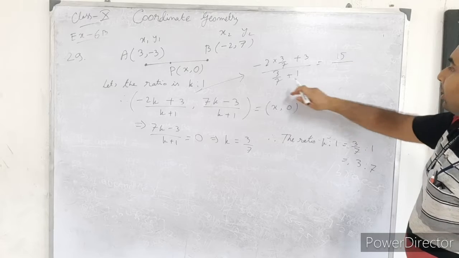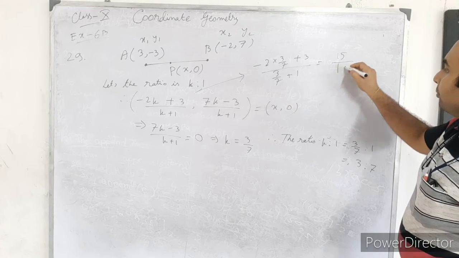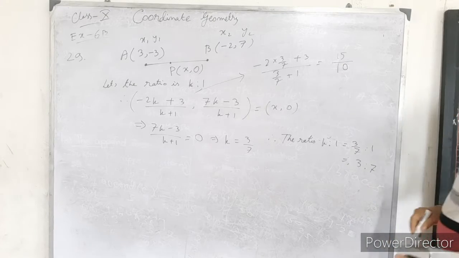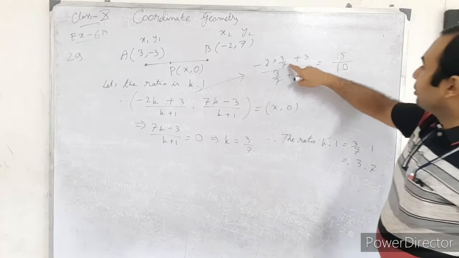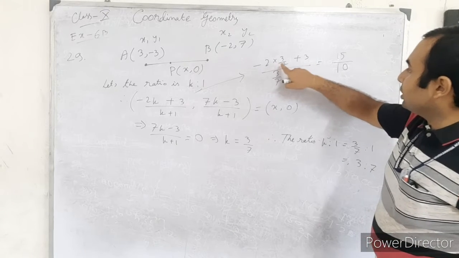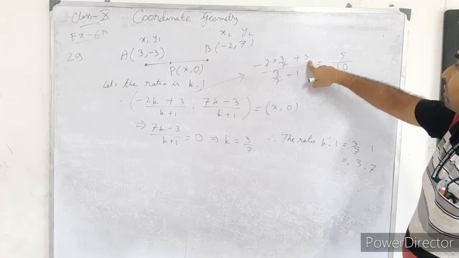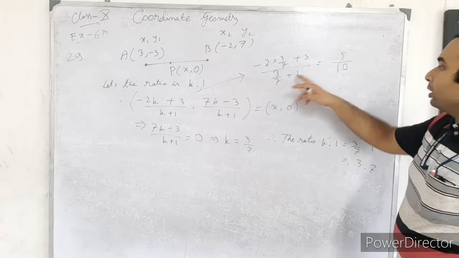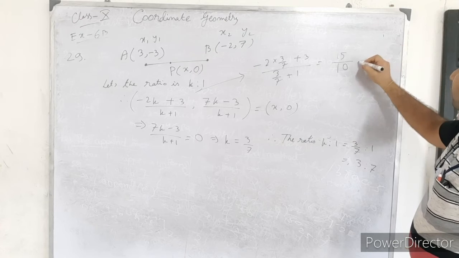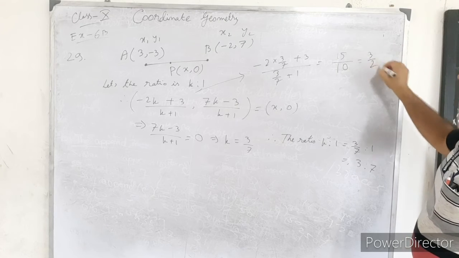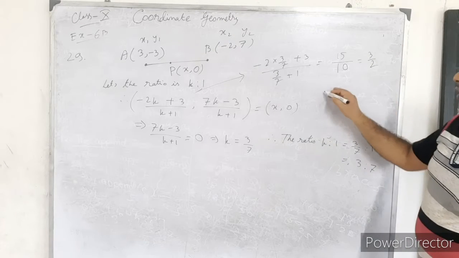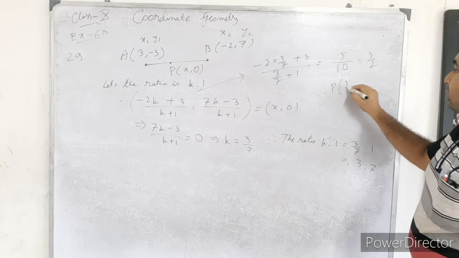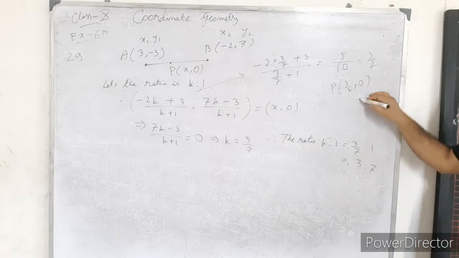Have I done it rightly? This is minus 6 by 7, and this is 3, that means 21. Yes, 15, and here it is 10. So 15 by 10, that means 3 by 2. So the point is (3/2, 0). This is the answer.